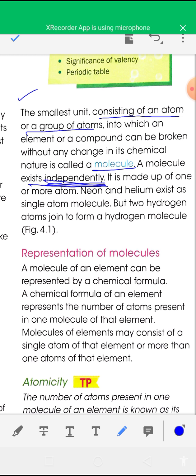But remember that atoms may or may not exist independently, but a molecule can exist independently, and it is made up of one or more types of atoms. Molecules of neon and helium exist as a single atom. Two hydrogen atoms join together to form a hydrogen molecule. So some molecules are monoatomic, some are diatomic, and some are triatomic.